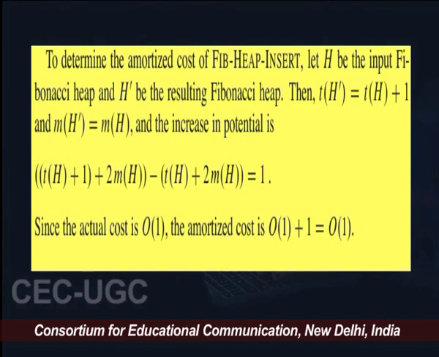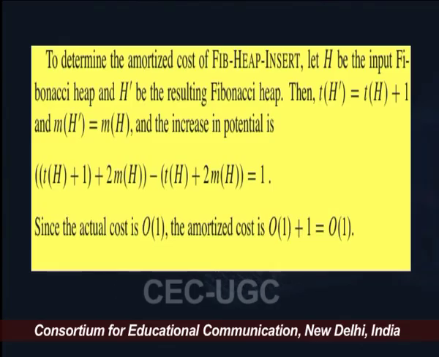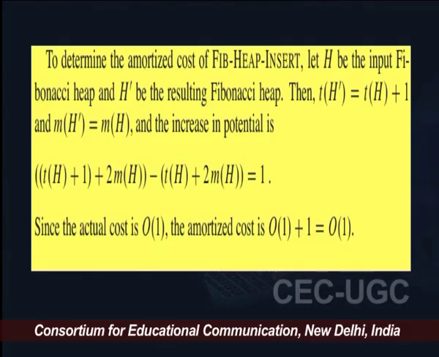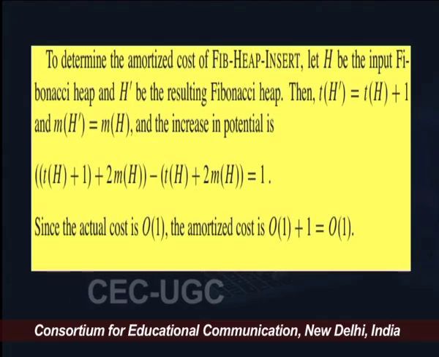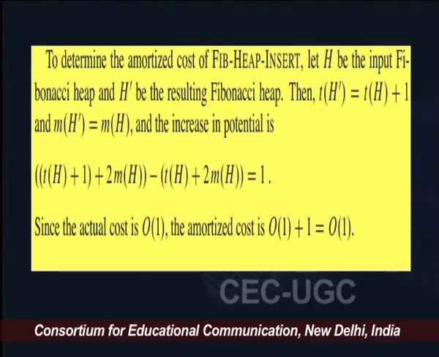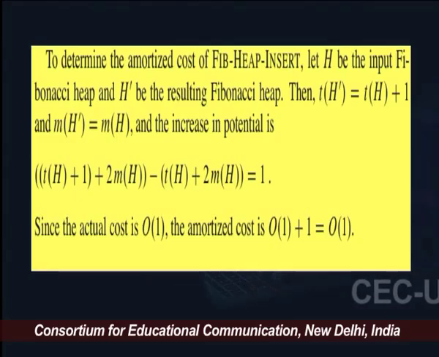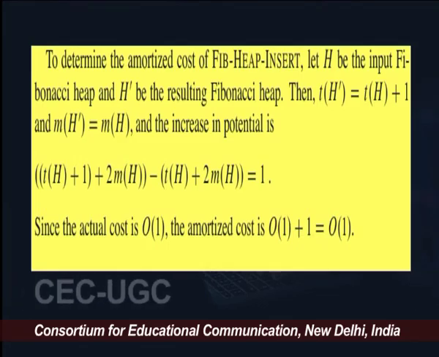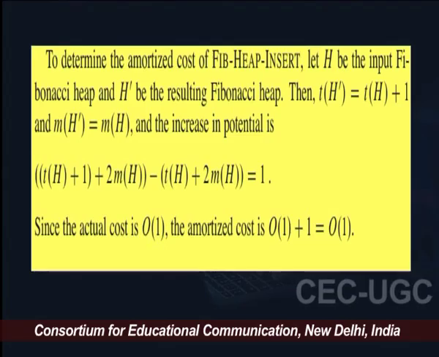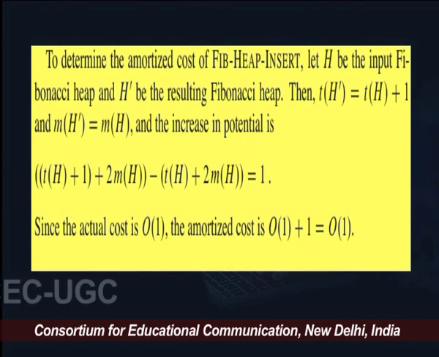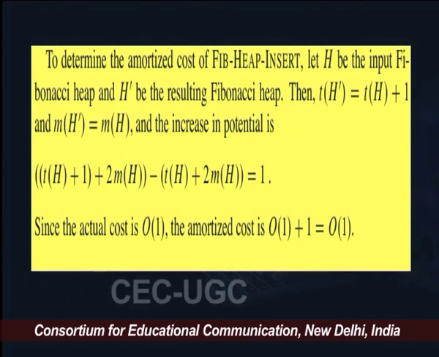That means there is no difference in the marked nodes, because we have just inserted a node, and we have not gone into the nuances of the marking thing as of now. So, the potential is going to increase by 1 definitely, even if it is an empty heap. The earlier potential is 0, and now the newer potential after adding 1 element is going to be 1. So, that is also an increase of 1.